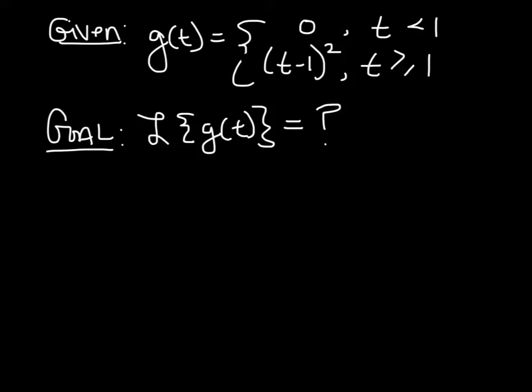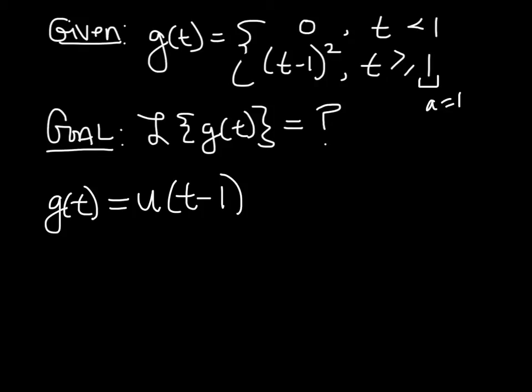So the first thing we want to do is rewrite our function g of t in the form of a product of the unit step function. We know it's going to be a translation, so it's going to be u of t minus 1, because our a is equal to 1, and we want to multiply it by the other function.